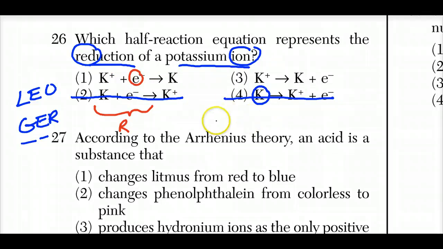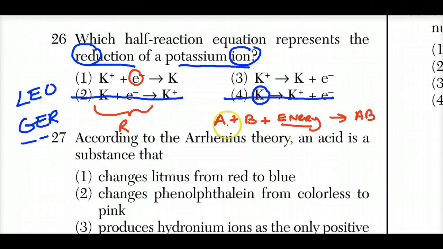If you're gaining heat, remember, think of an endothermic reaction where the energy is on the reactant side. Why? Because you need it to react. You're gaining or absorbing energy. That's why it's endothermic. So endothermic and reduction are very similar. The electron has to be on the reactant side, but be careful.